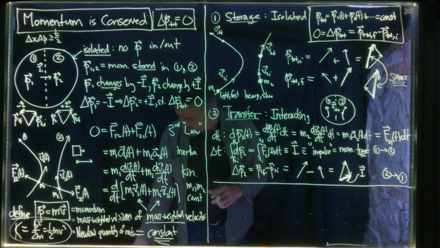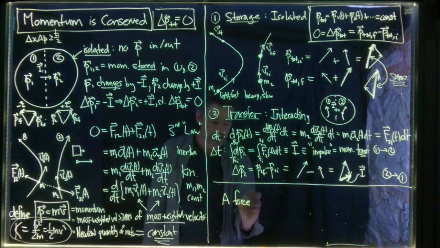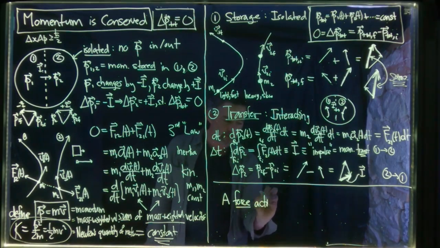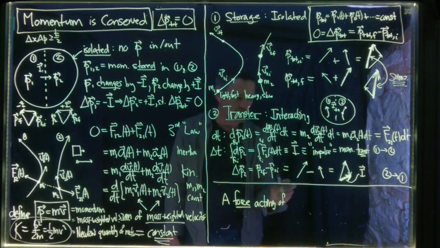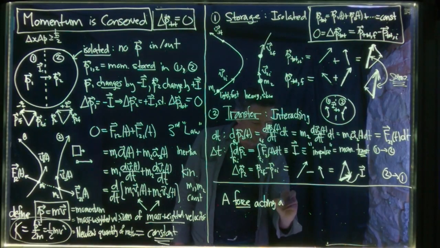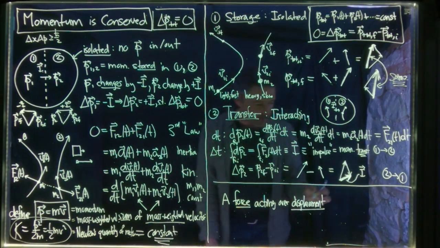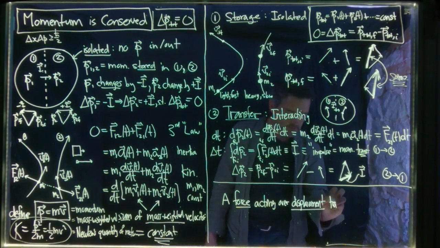So we know that when we're talking about energy transfer, we're talking about force acting through displacement. So I'll write down two statements here, and we'll compare them. So a force acting over displacement transfers energy.